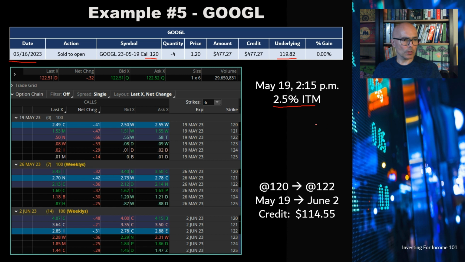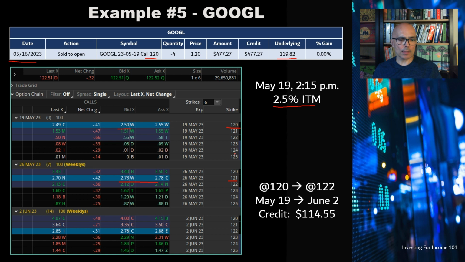So I had a few choices, right? This May 19th strike price 120 is the call that I have currently, and it was trading around 2.50 to 2.55. If I want to roll it and get some credit for the roll, I could roll 1 week later to the strike price of 121.